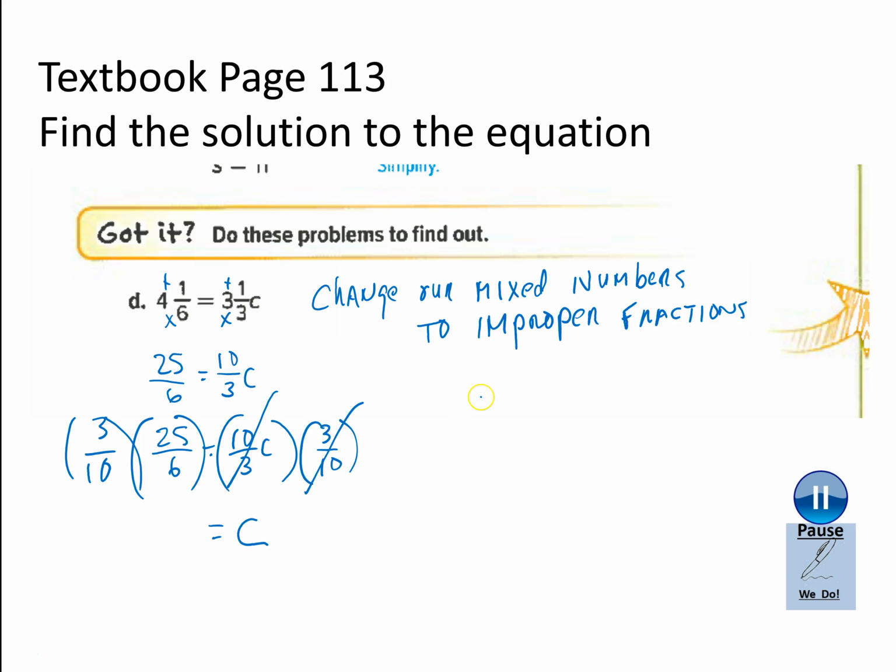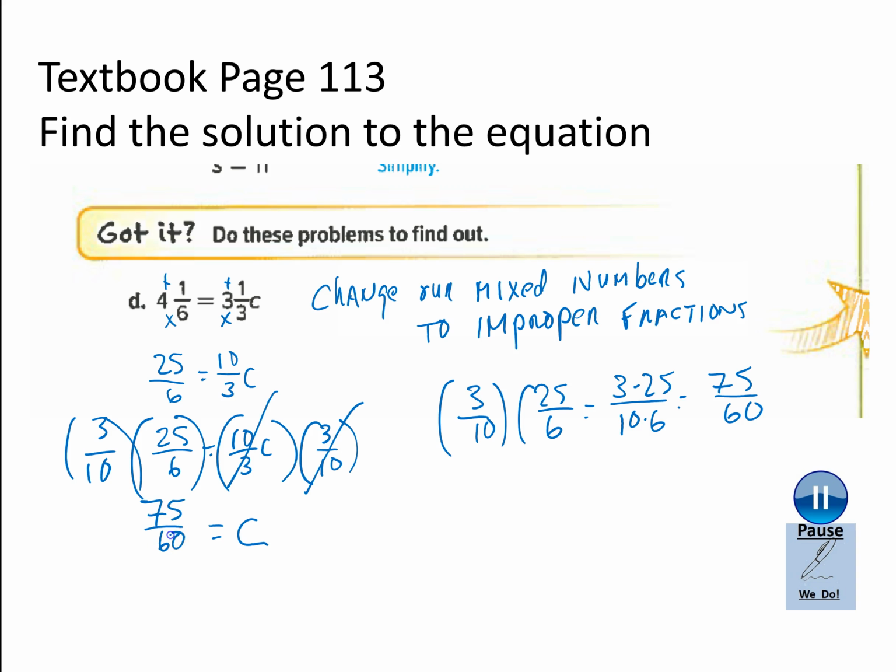So I'm going to come over here and do this. So I have 3 tenths times 25 sixths. That gives me 3 times 25 divided by 10 times 6, which gives me 75 divided by 60. We'll leave it like that for right now. But I can simplify that.